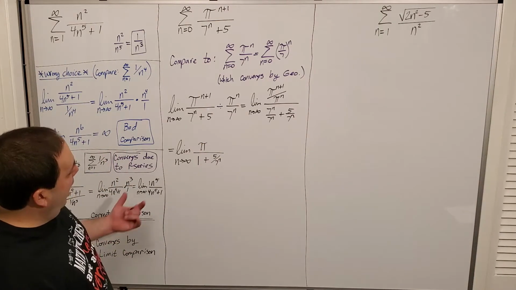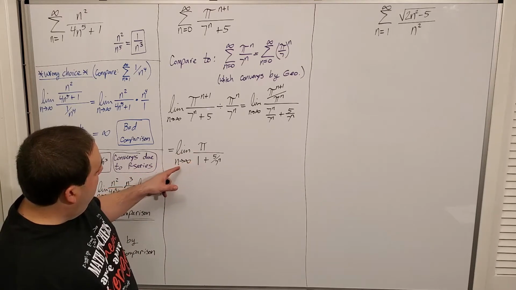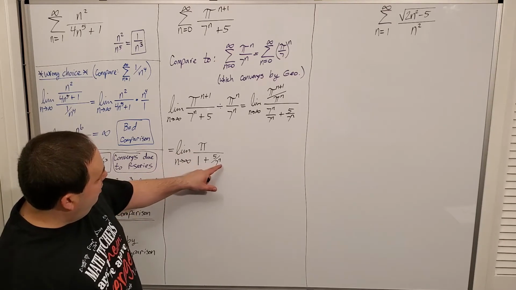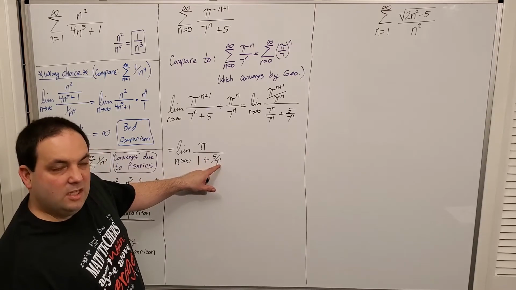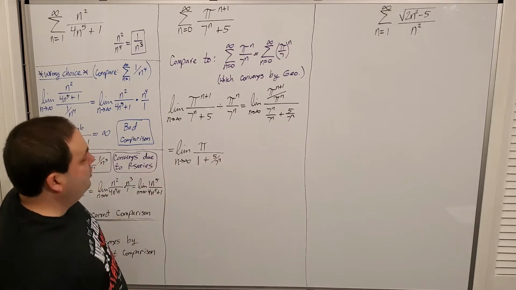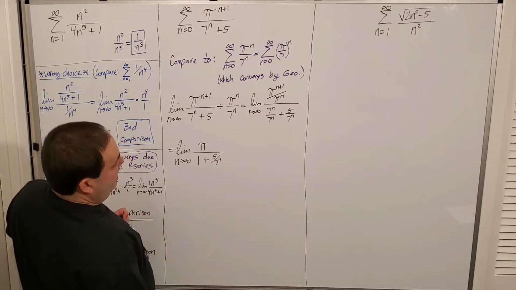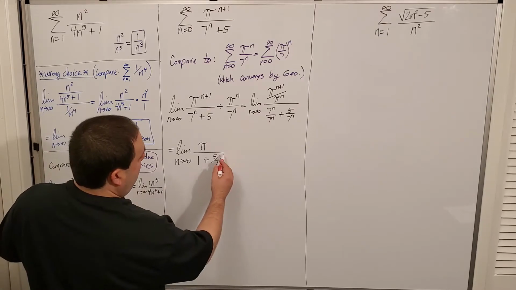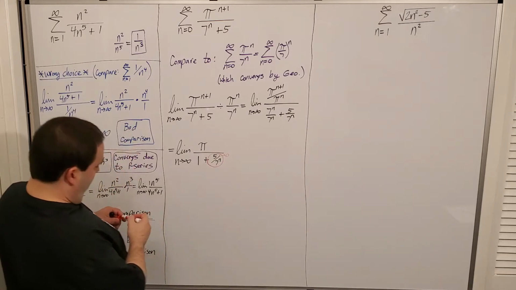Right? I can do the limit now. The pi and the 1 are unaffected. As n goes to infinity, though, I have 5 over infinity, basically, right? This is going to get unbounded, which means this piece right here, the 5 over 7 to the n, is going to go to 0, right? This piece right here is going to go to 0.